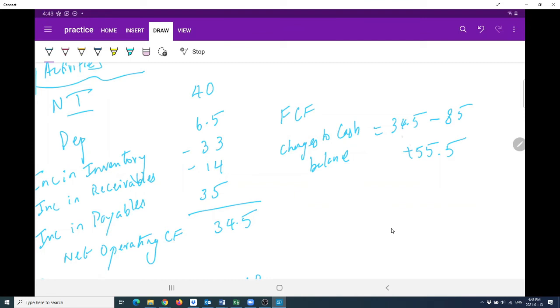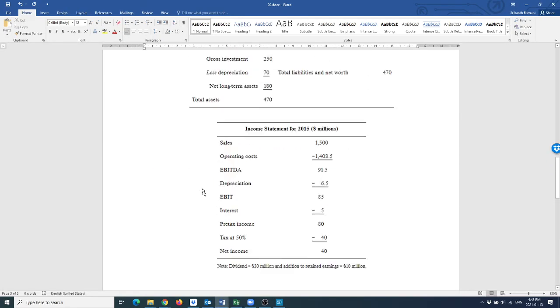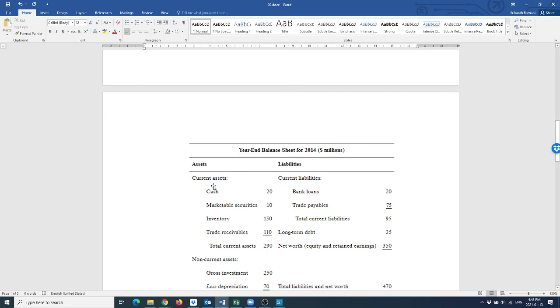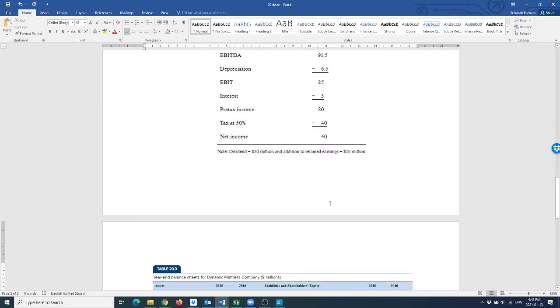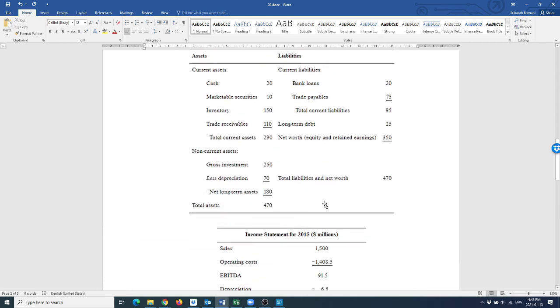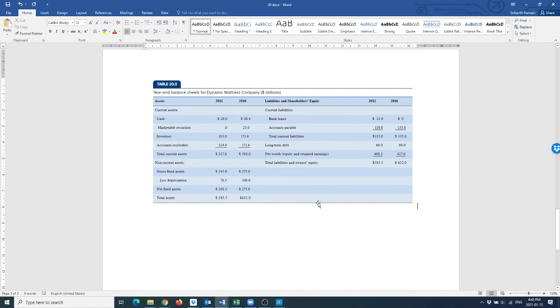That's 4.5. Something which I missed, because if you see the cash balances, the cash balance remains at 20, and it's 20 over here. So I missed $4.50 of cash somewhere. Can't think of it right now. What else did I make? Unless I made a mistake in the addition.